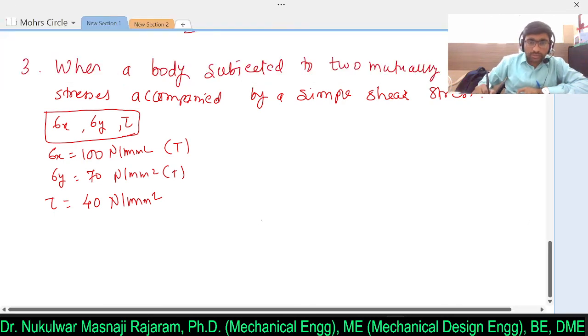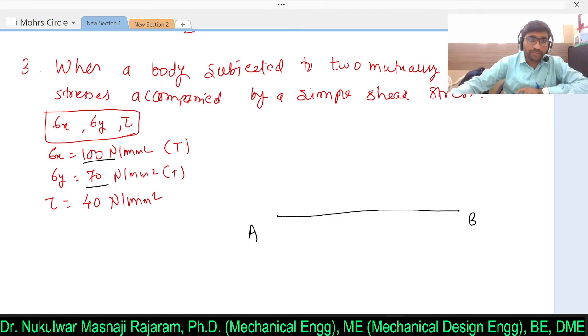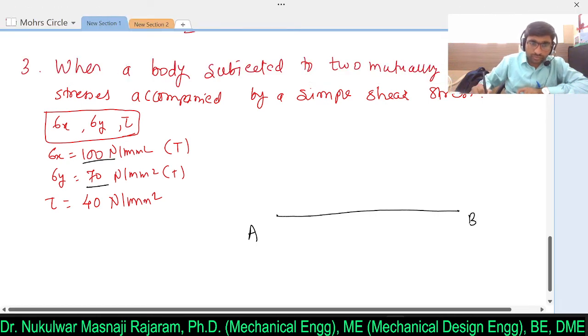Now first consider any point A. From this point mark sigma x and sigma y by taking suitable scale. So I will draw sigma x 10 centimeter. So I will mark that point as B. Next I will mark sigma y. So 70 is given, so here I will mark the point C.